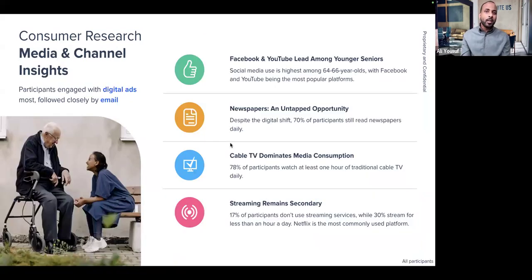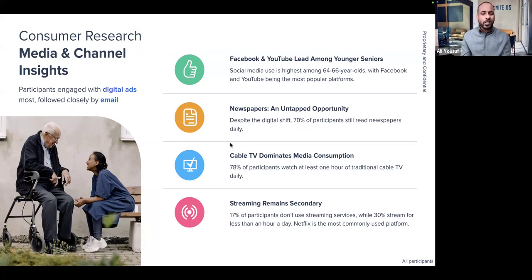And then as far as media channels go, we did see that digital ads tended to be the most engaged with, followed very closely by email. In terms of social media use, it was notable, particularly for Facebook and YouTube. The younger seniors were most likely to be on social media.